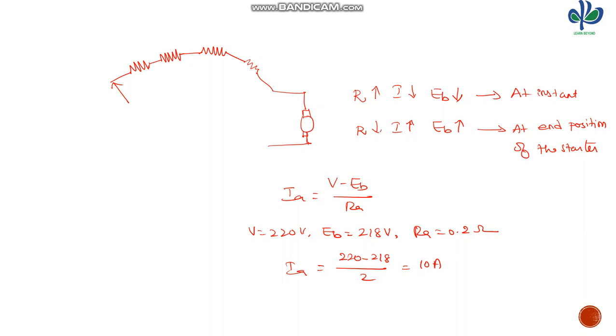This shows the current is reduced when there is an increase of EB. So while EB increases, we need to gradually reduce the starter resistance in order to protect the armature of the motor. Kindly go through it so you can understand. Thank you all for the patient listening.